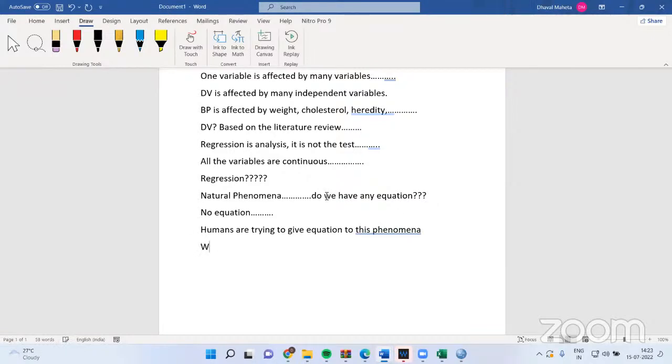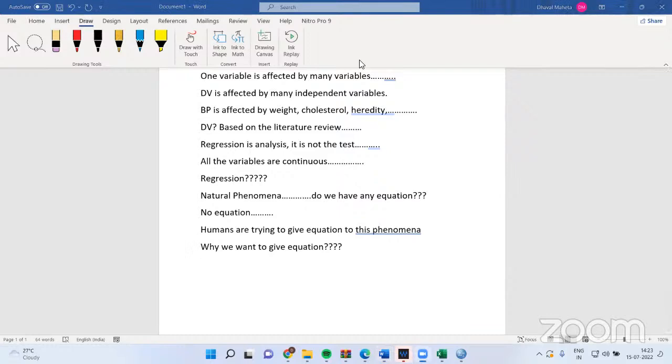Question is, why do we want to give an equation? Let things be kept as they are. Why should humans interfere in nature? Why do we want to give an equation? To understand some pattern.